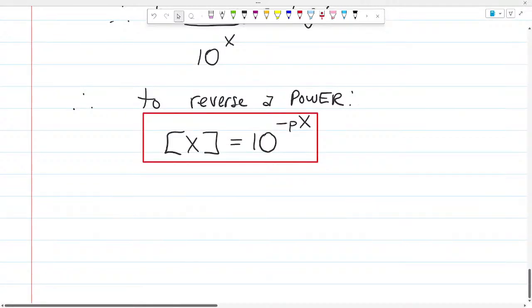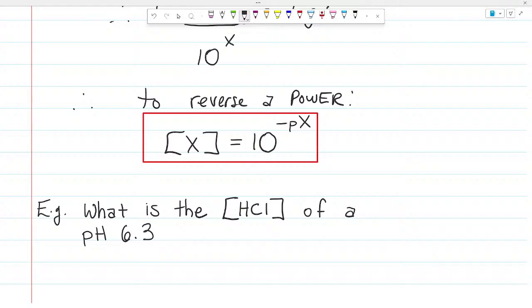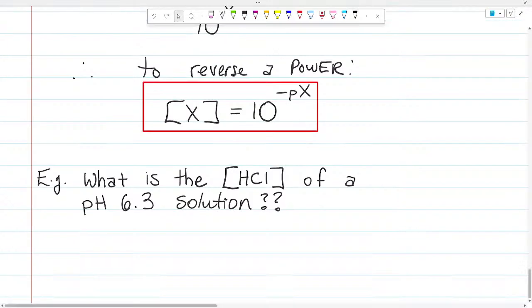Okay, so let's look at an example. Not quite sure why that gets two question marks, but here we are.